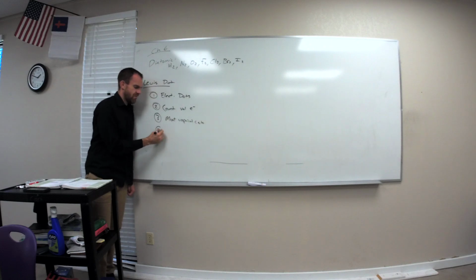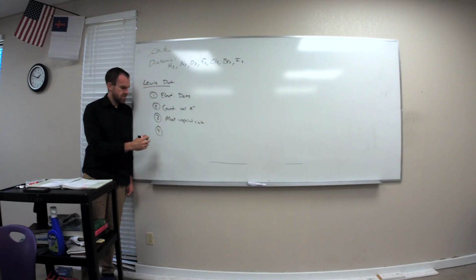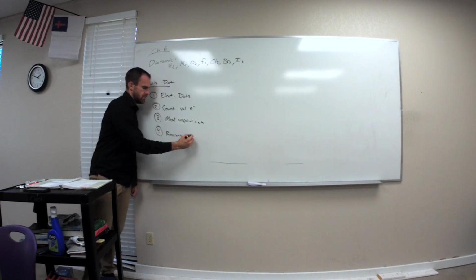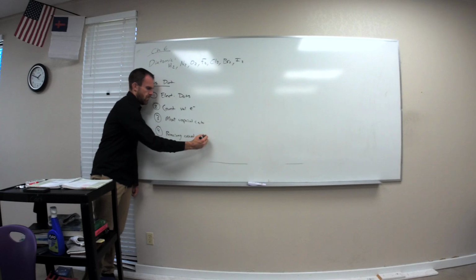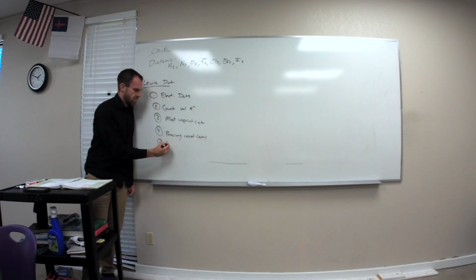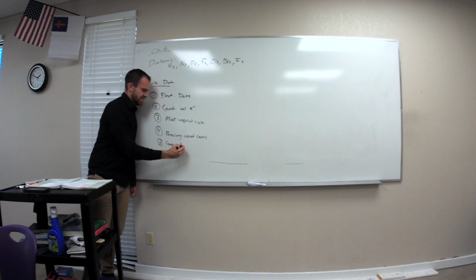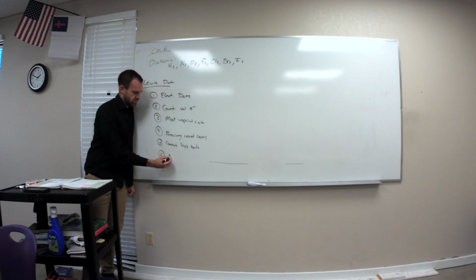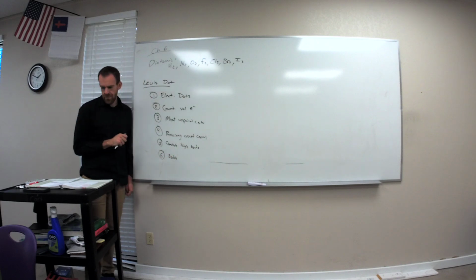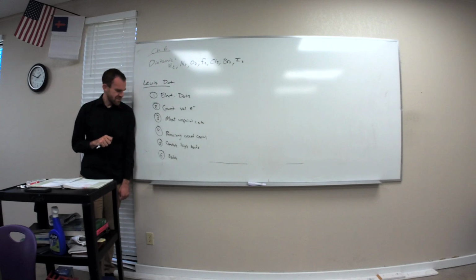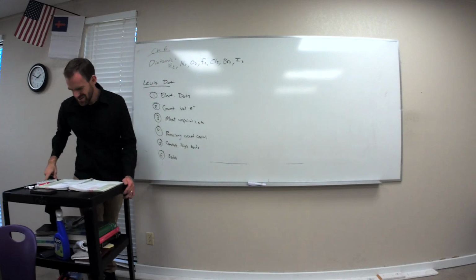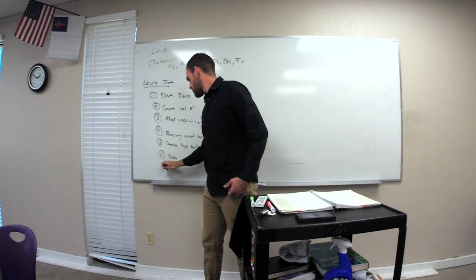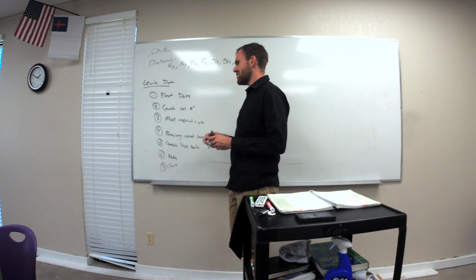Step 4, place the remaining electrons around the center atom. Step 5, complete as many single bonds as possible. Step 6, draw double or second bonds if needed. Step 7, recheck and count electrons.